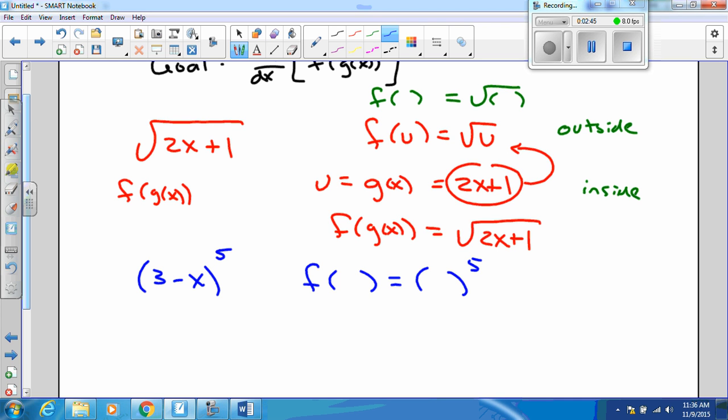I'm joking, by the way. Cool, anyways. And the inside function is going to be whatever's on the inside, which is 3 minus x. And so when I put those two together, f of g of x is equal to 3 minus x to the 5th power. Ta-da. So I took it apart and I put it back together.